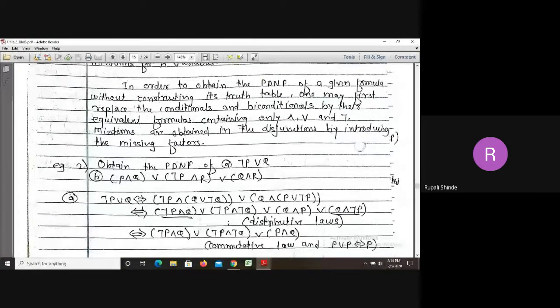In the case of DNF, we are not thinking about whether all the brackets contain all variables or not. But in the case of PDNF, it is mandatory that each and every bracket must contain all the required variables mentioned in the question.